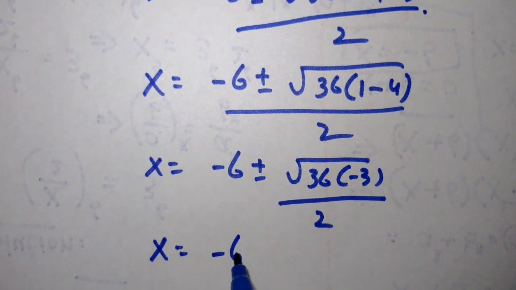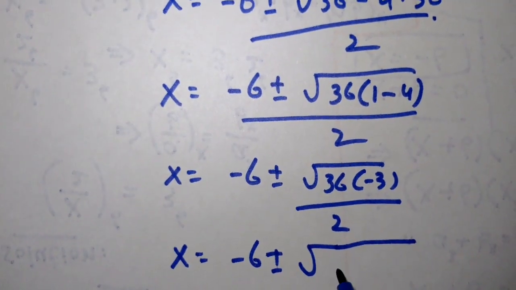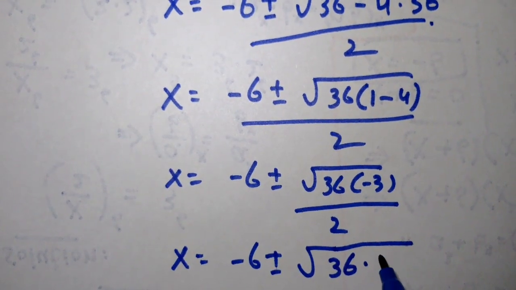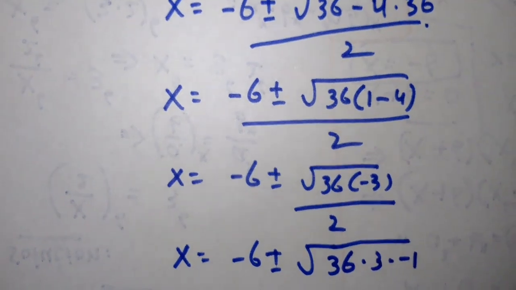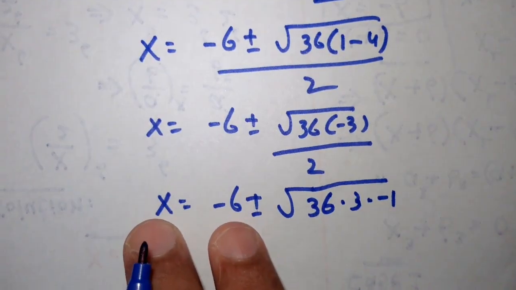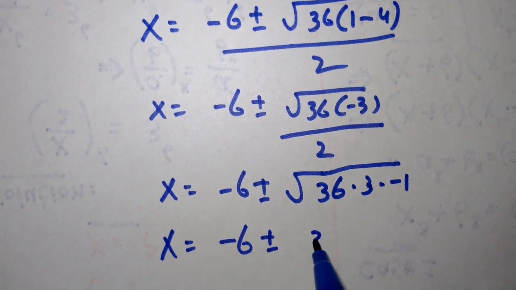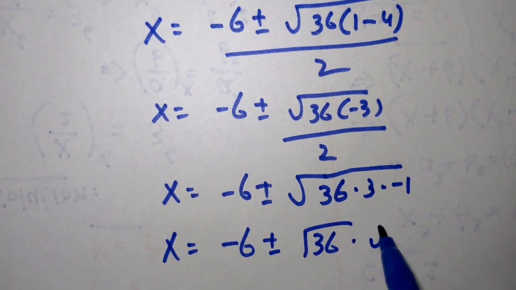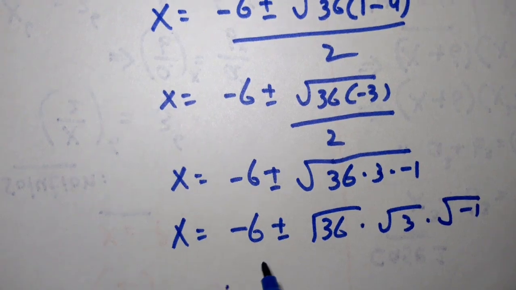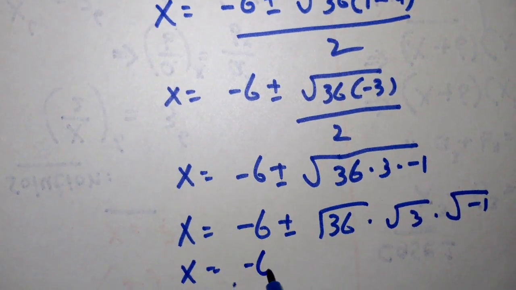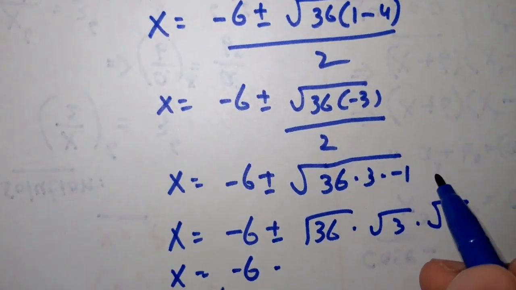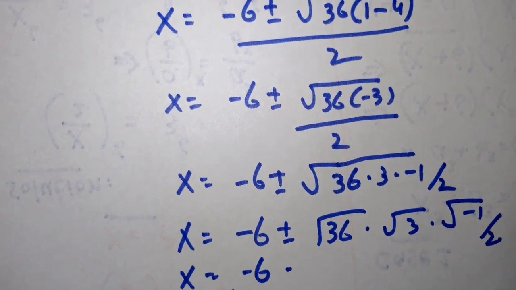x is equal to minus 6 plus minus square root of 36 multiply 3 multiply minus 1. x is equal to minus 6 plus minus square root of 36 multiply square root of 3 multiply square root of minus 1, over 2.